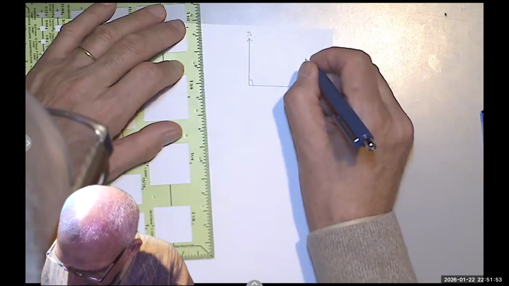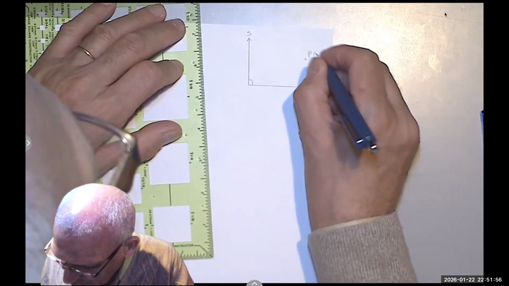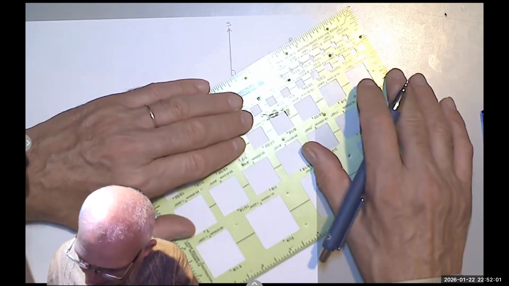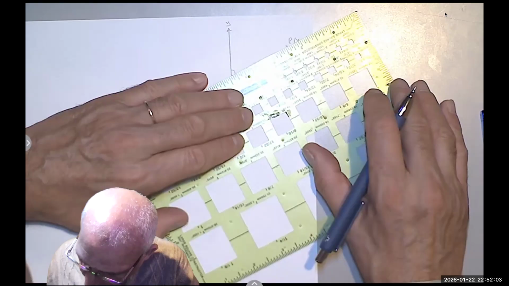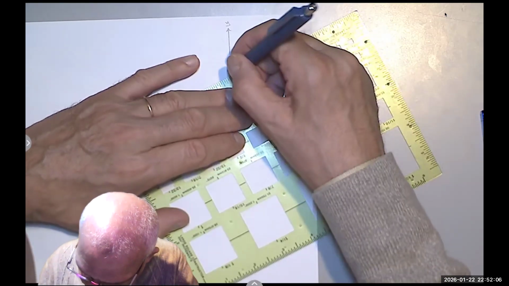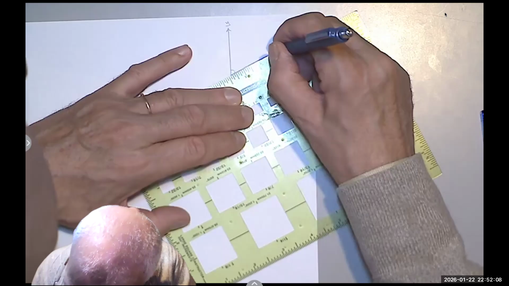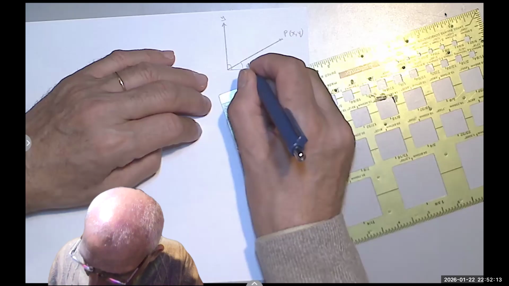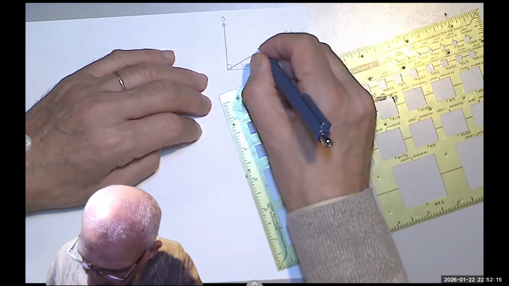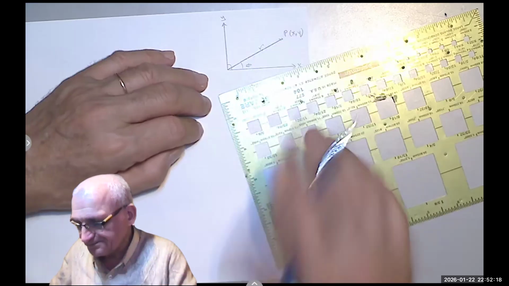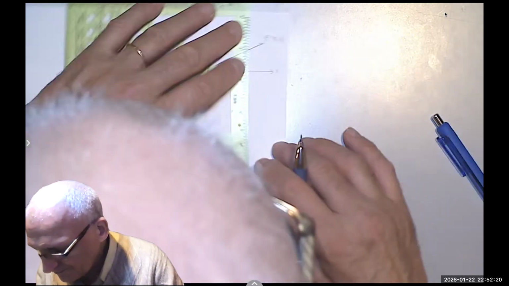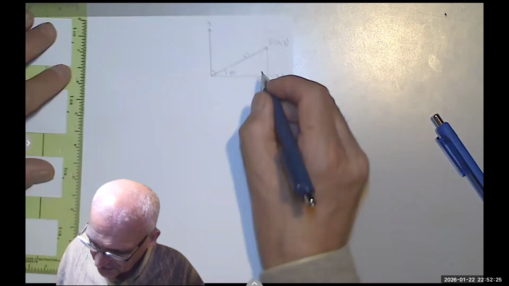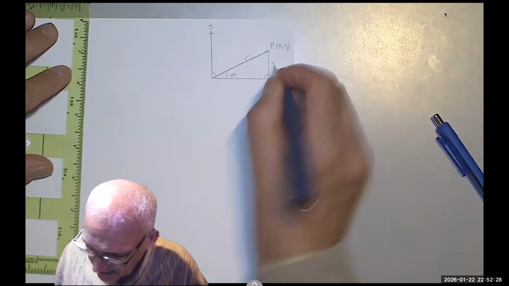And I have a point somewhere here, P, that has coordinates X and Y. If I know its coordinates, then of course I know the angle that it makes with the horizontal, whose tangent is Y over X, right? And let's call this angle phi. And let's say this length is R. Okay. So basically, this is a right triangle. This is Y, this is X.